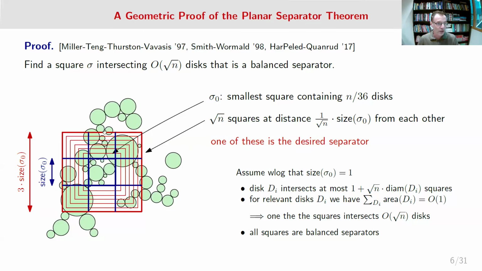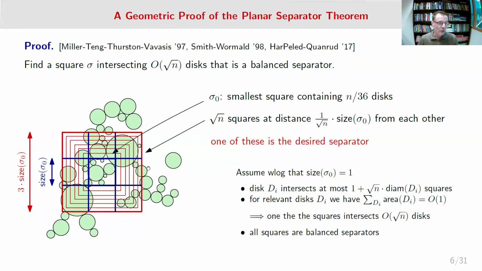So on the outside of any of my red squares, you can never have more than 35 over 36 times n disks, because there's n over 36 inside. So you do not have more than a constant fraction outside. What about inside? The largest number of disks are inside the outermost red square, which is the most dangerous one.